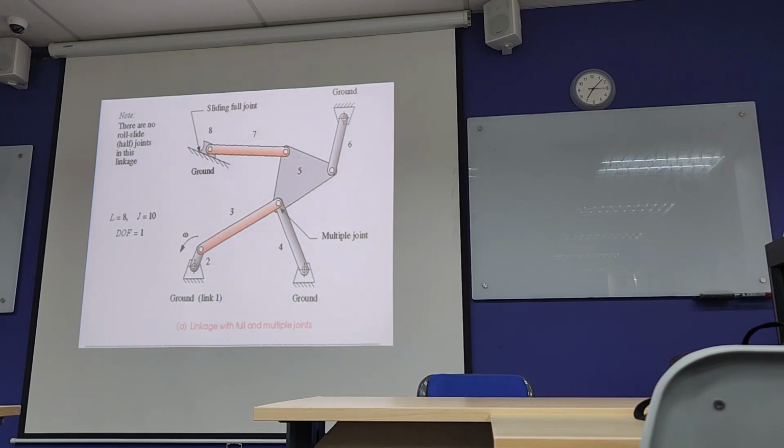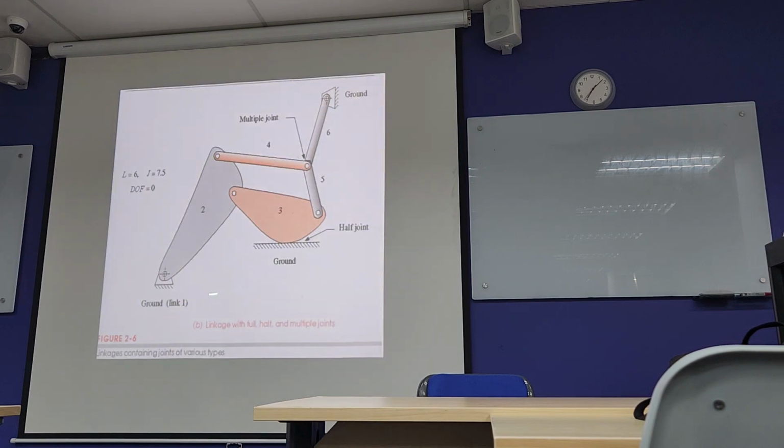How do you get that joint? Okay. 1, 2, 3, 4, 5, 6, 7. Alright. Then let us look at the next one.